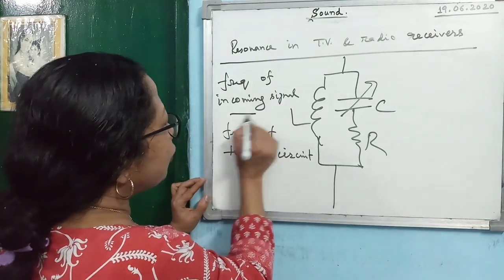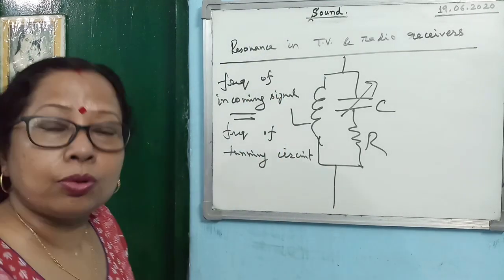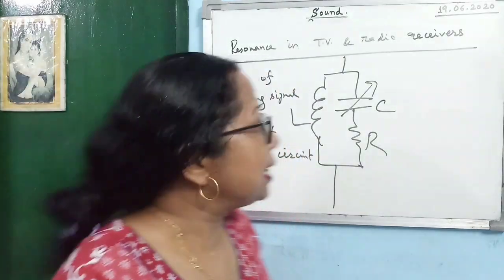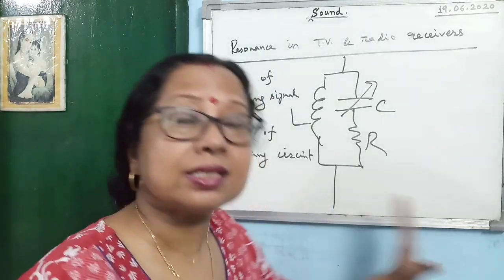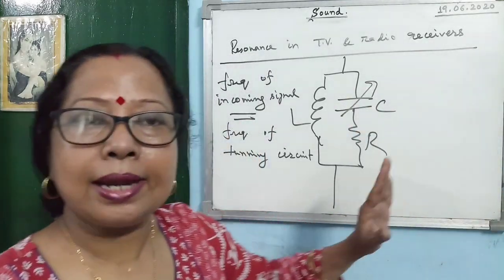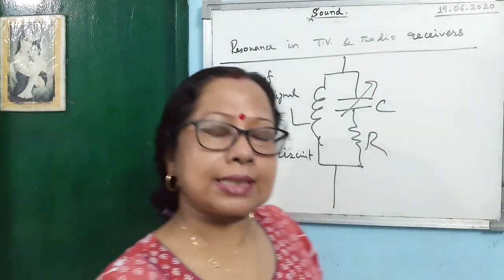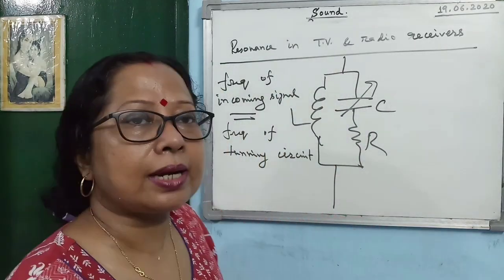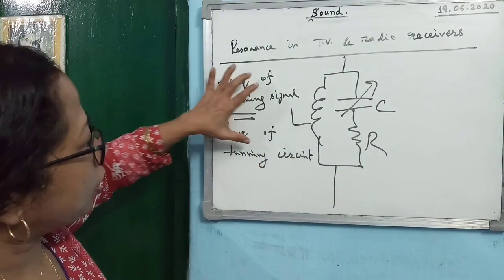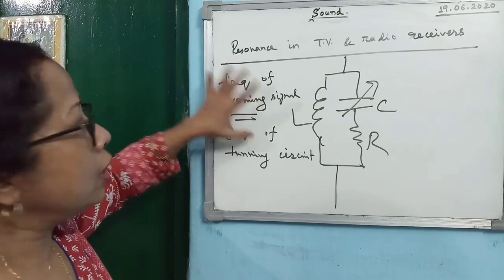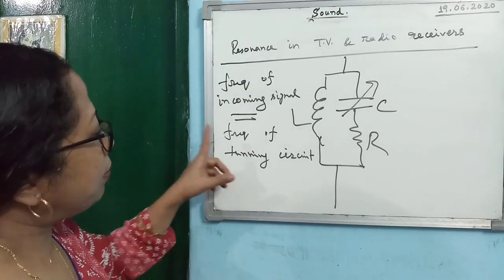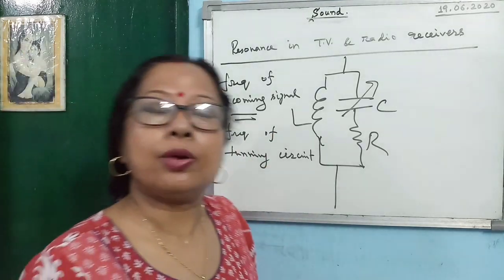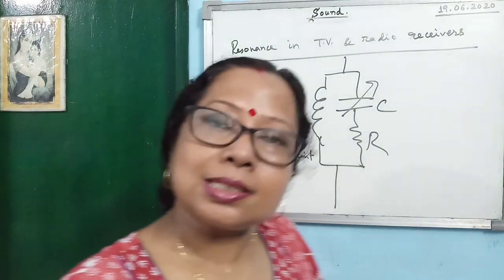When these two frequencies become equal, this LCR circuit can catch the signal and pass the signal through it. The details of physics, as I said, you will study in higher classes. Now you just concentrate on this point. When the frequency of the incoming signal becomes equal to the frequency of the tuning circuit, resonance takes place.